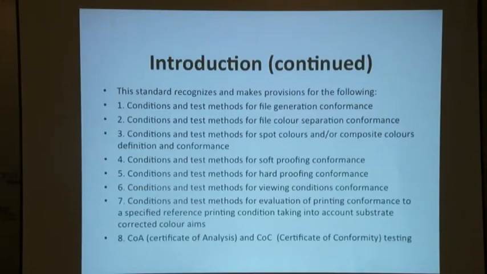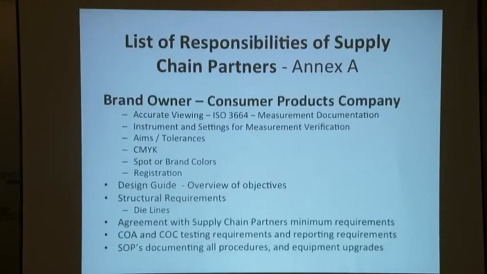It has test conditions, how you measure it, how you validate it for everybody in the supply chain. So we're doing it for file generation, separations, spot colors, soft proofing, hard copy proofing, viewing, conformance, and certificate of analysis where we do rub test and alcohol test.